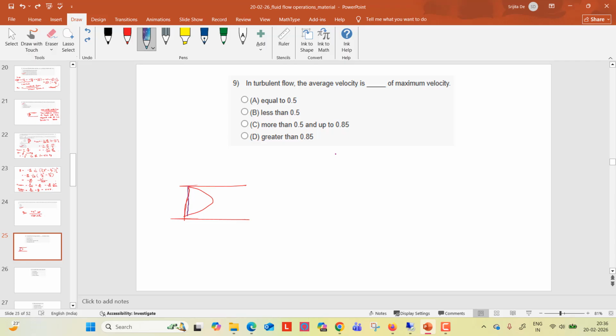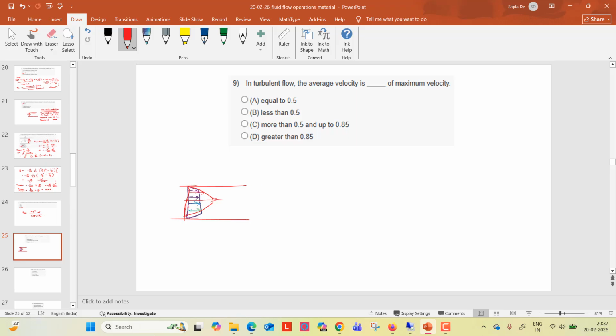It will be a little bit curved and this will be a little straight. So this is the turbulent profile and this red one is the laminar flow profile. Okay.